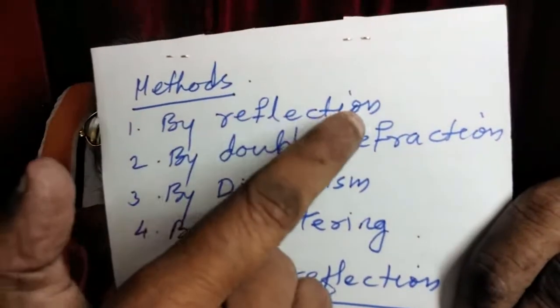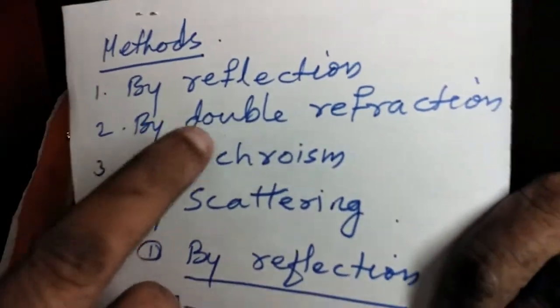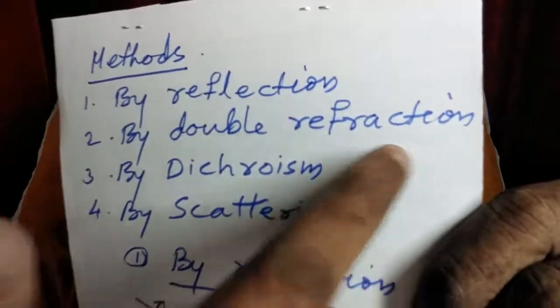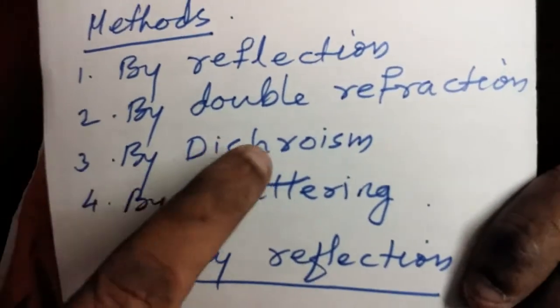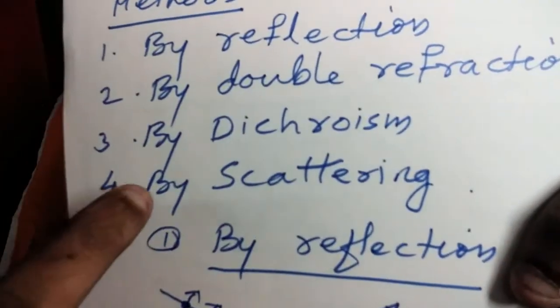By reflection, by double refraction, by dichroism, by scattering. We will discuss the first one first and mention the other to some extent. That's all.